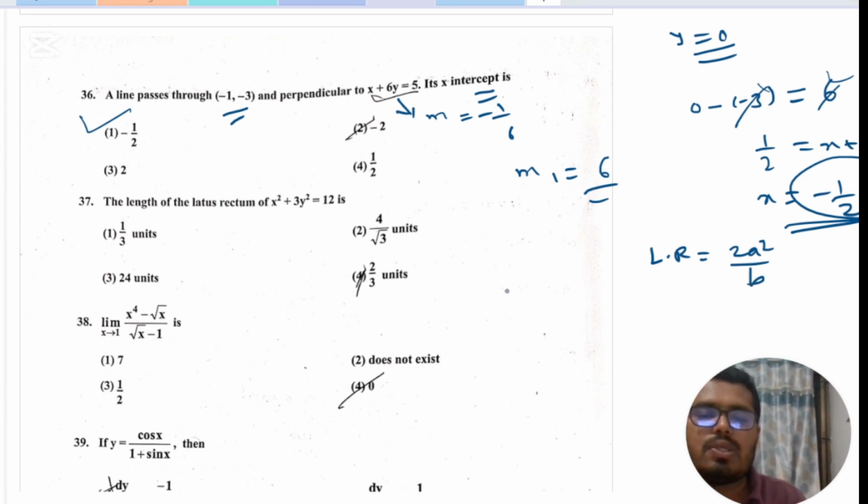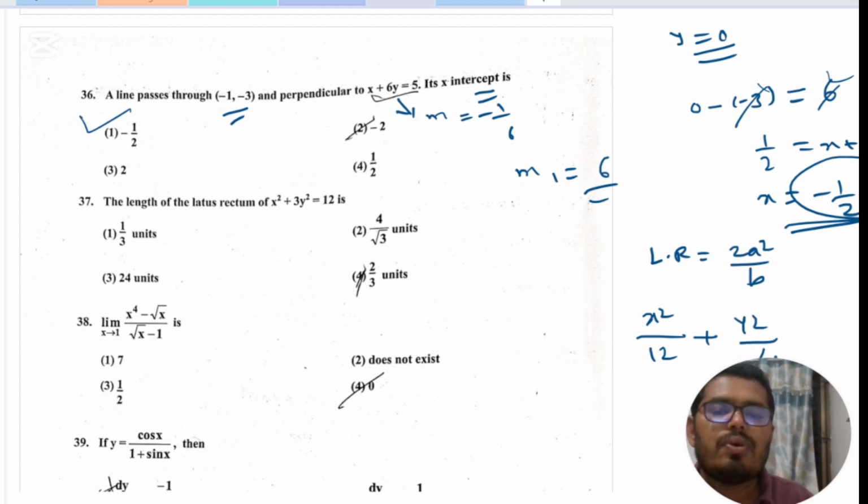Okay, then what is a square? It should be written in the standard form: x square by 12 plus y square by 4 is equal to 1.